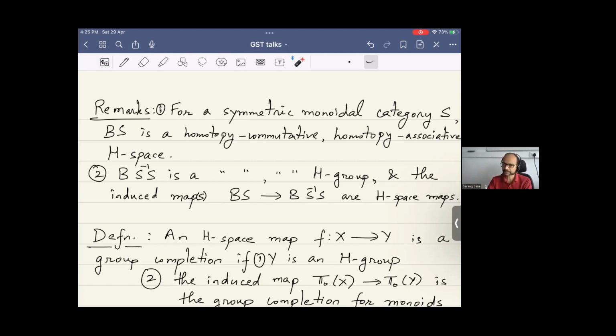And then it's a check that indeed all those pictures commute. I'll suggest, if you want to understand this well, that you do that checking. I didn't say what H-space morphisms are, but I think it's clear what those morphisms should be. So if you take BS to be S inverse S, then this is an H-space map.